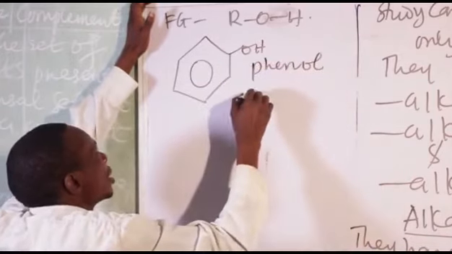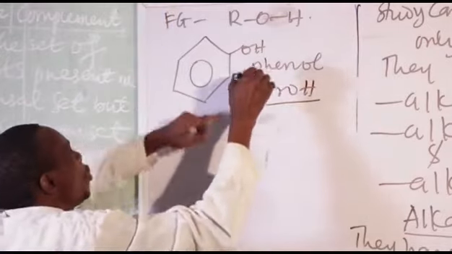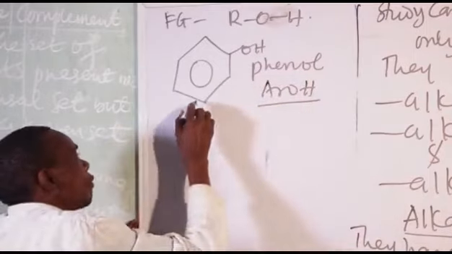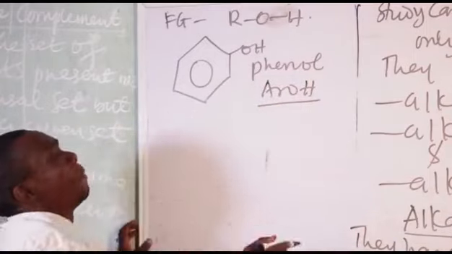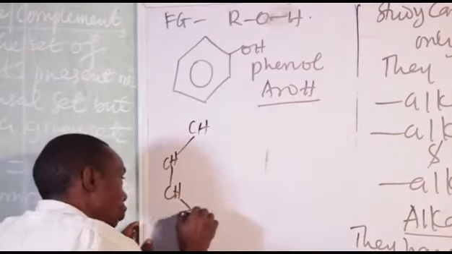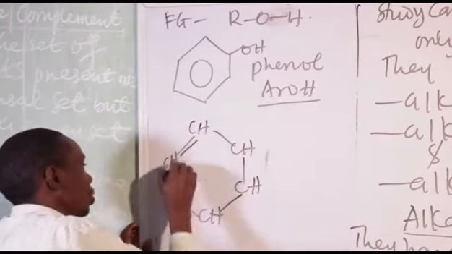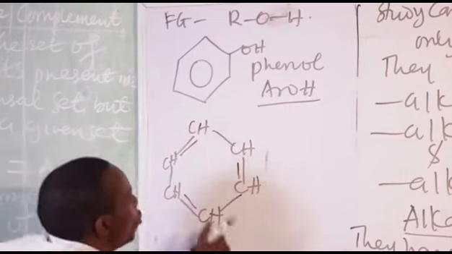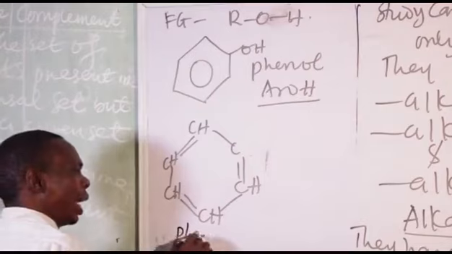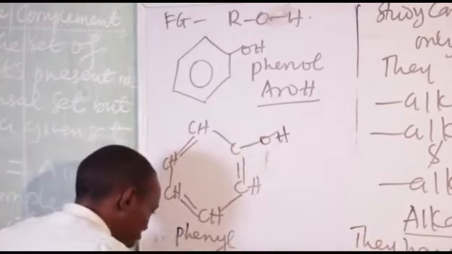It comes from the removal of one hydrogen from benzene. I will teach you more about benzene very soon. If you remove one hydrogen from benzene, this is phenyl. So by the time you attach OH to phenyl, you call it phenol.